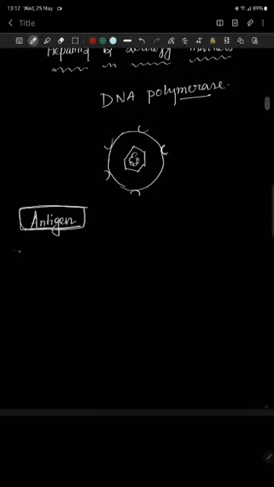So for hepatitis B virus markers, if we talk about the antigenic markers, number one is hepatitis B surface antigen. I'm going to write it this way for easy understanding: S for surface.